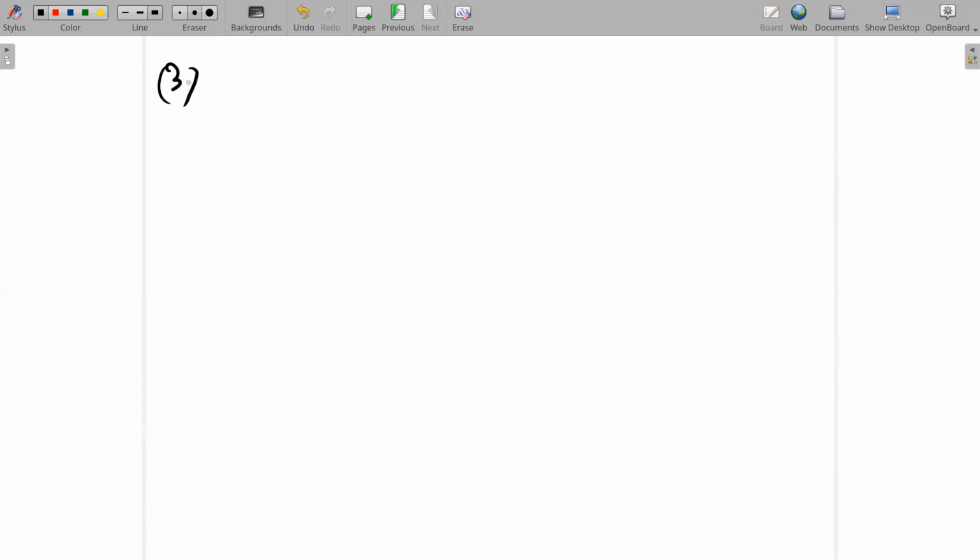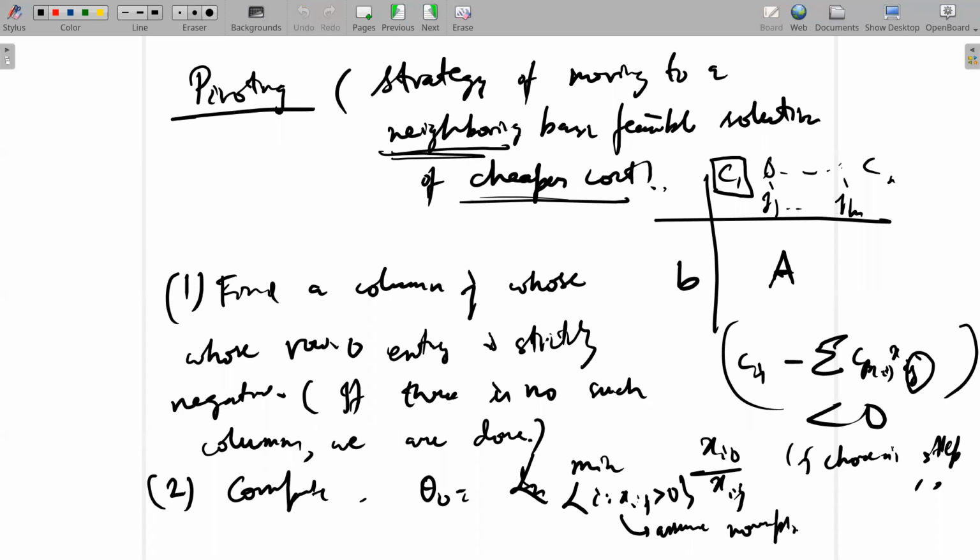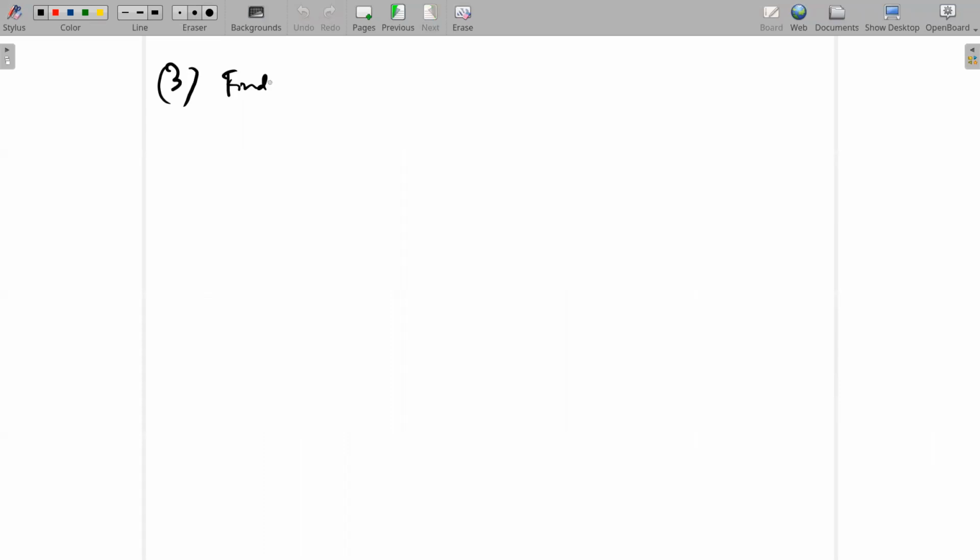Then step 3. Step 1 essentially told you which column will enter: column j we will add to our new ordered basis corresponding to the basic feasible solution. But which column from your basic columns will exit? That is given by part 3, for which we need theta naught.